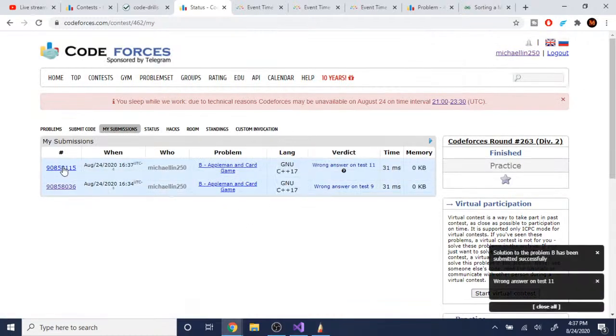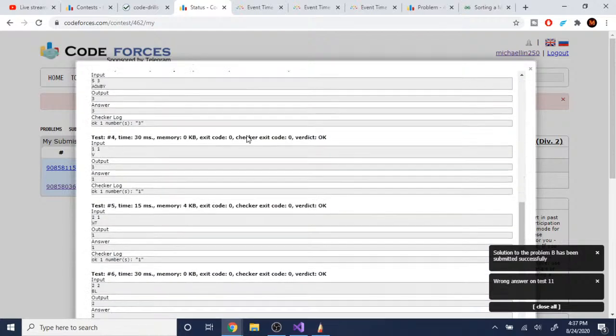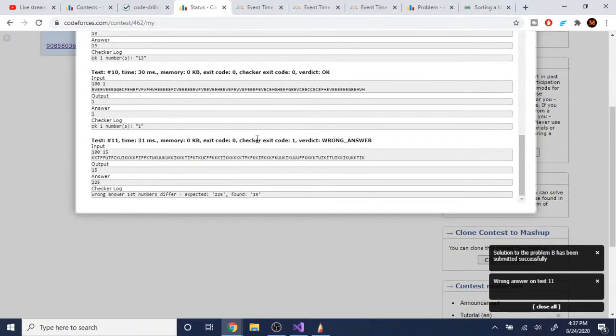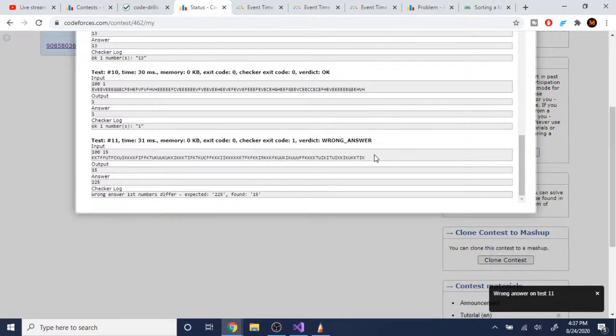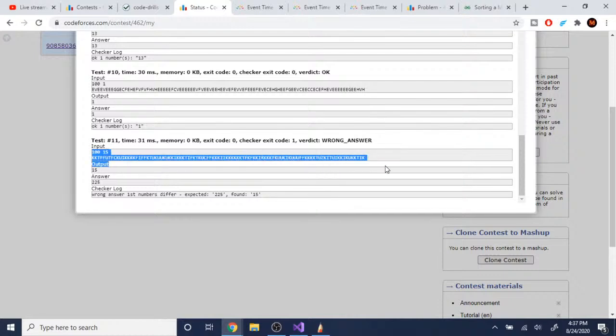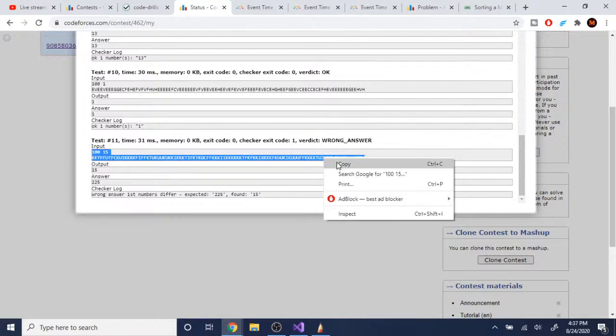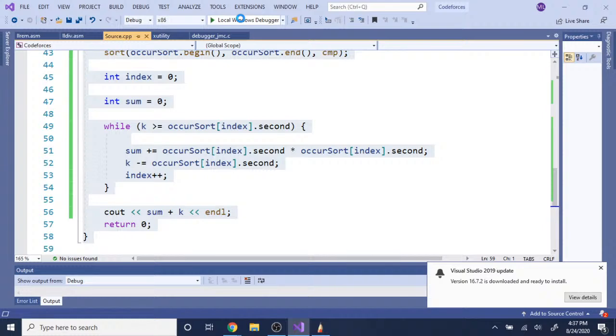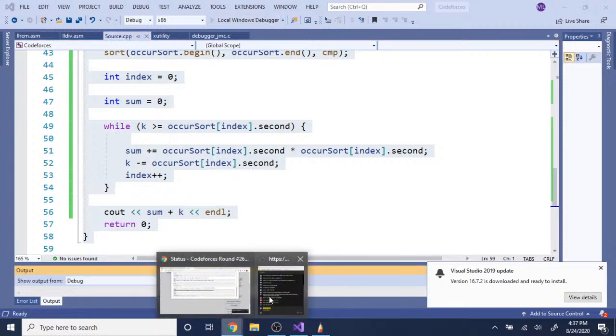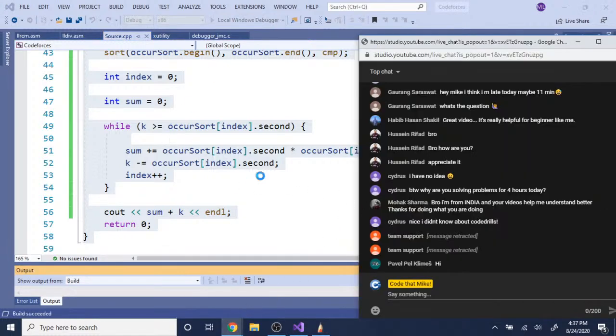Wrong answer. Okay, so what's the problem? 225, output 15. Let's try that.